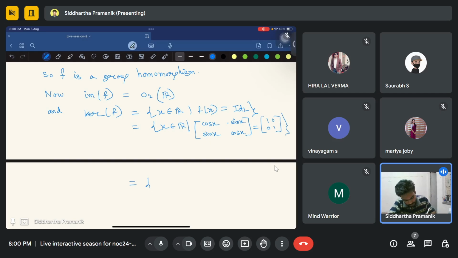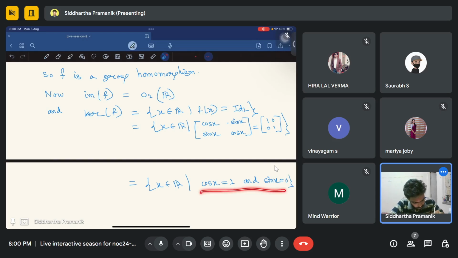That implies x belonging to R such that cos x is 1 and sin x is 0. So what are the solutions of this?